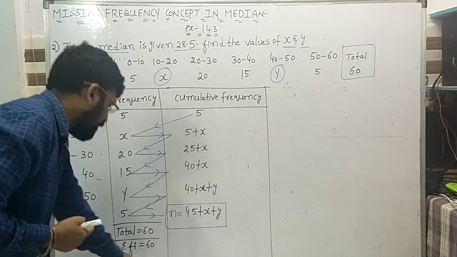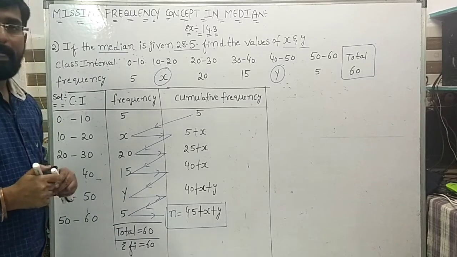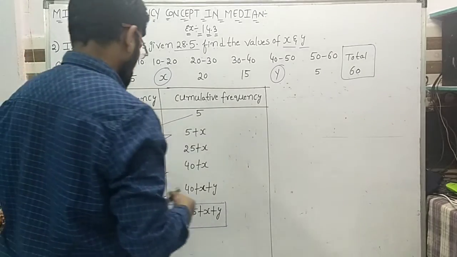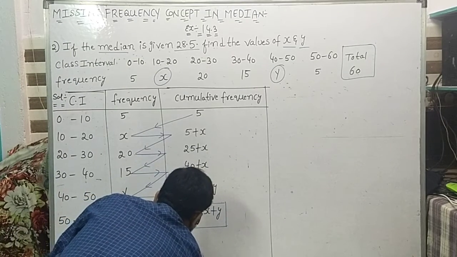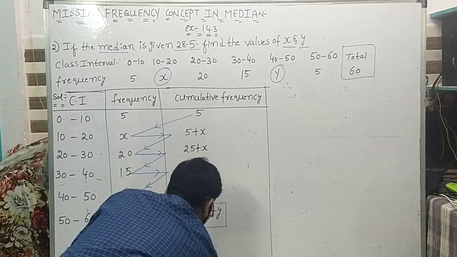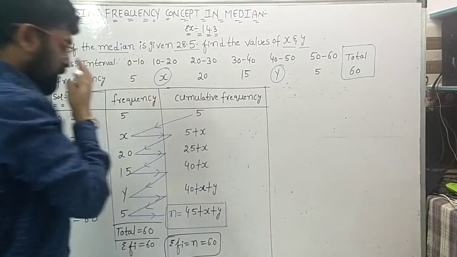This is called n. n equals 45 plus x plus y. I already told you that sigma fi is equal to n, and that equals 60.